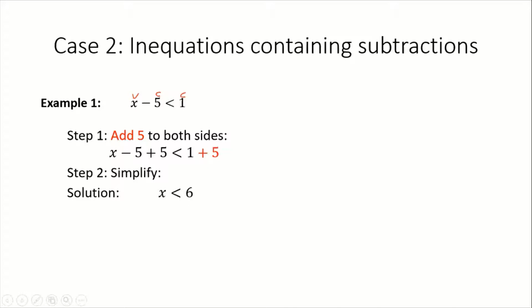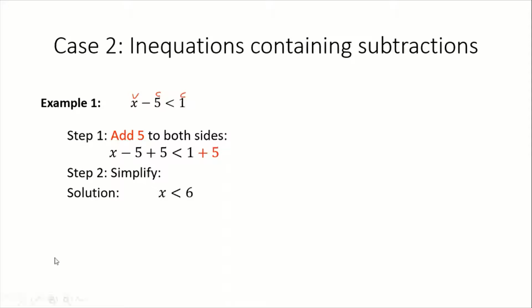But sometimes, when you are given an exam or a test, they will also ask you to represent your solution as a solution set and also represent your solution on a number line.